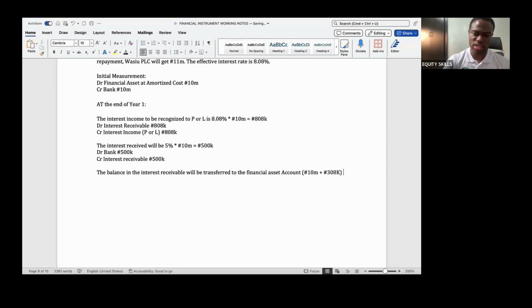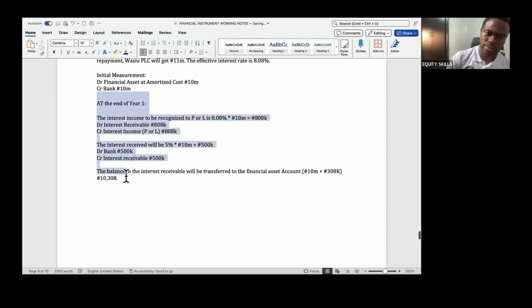So you'll be looking at something around 10,308, like this. That will be the balance in your financial asset account at the end of year one.